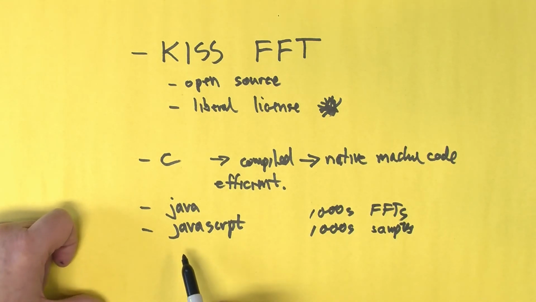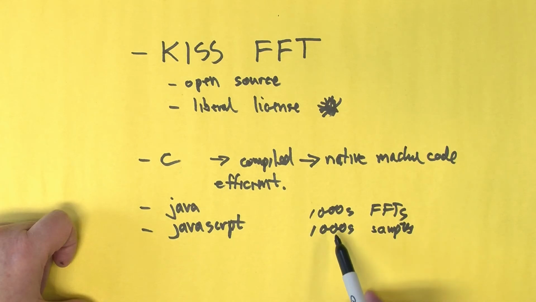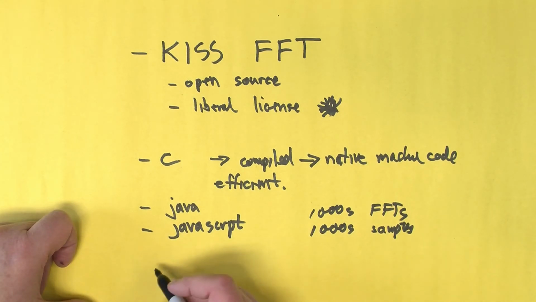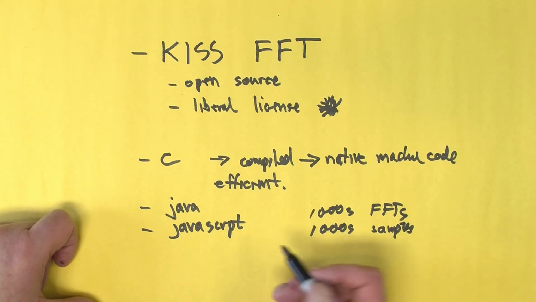The bottom line is, depending on what you're doing, you need to look out for how the FFT library is implemented for your particular language, and there may be some options.